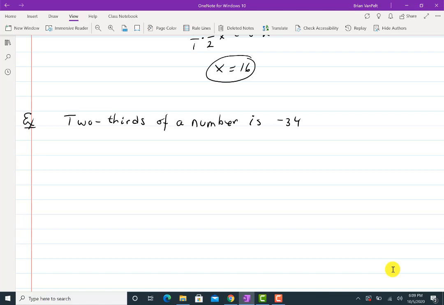Let me transcribe that. The "is" is an equals, and -34 is equal. Then 2/3 of a number looks like 2/3 x. So there's one answer. Now I need to solve it. To solve this, I'll multiply both sides by 3/2, and I'll put the 34 over 1 to make life a little easier. The left will get an x. Notice the 2 goes into 34 17 times, so you're left with x equals -51.